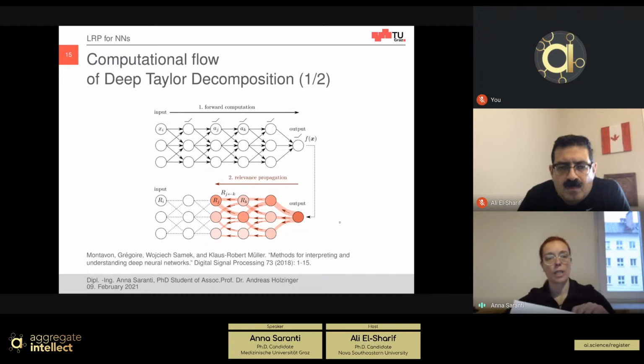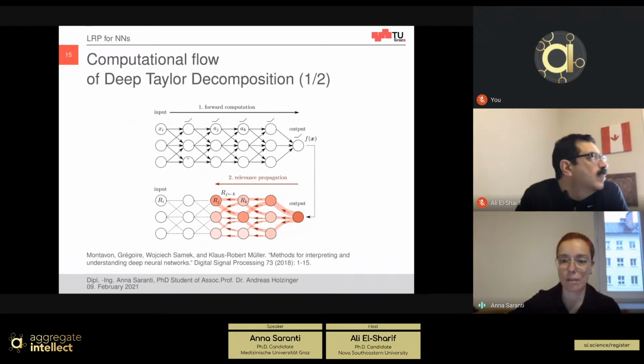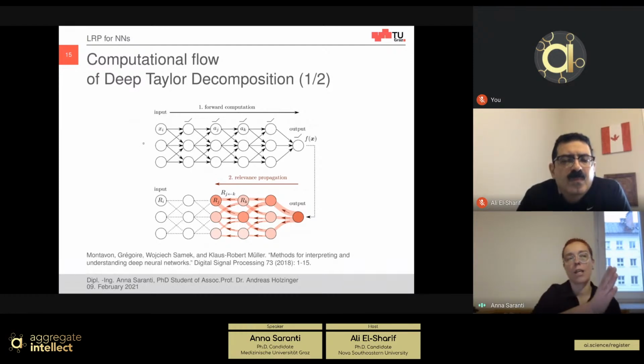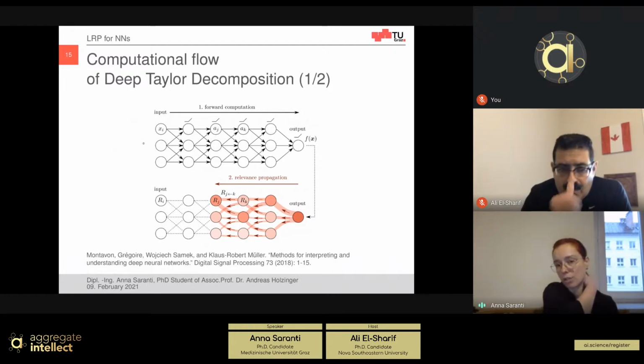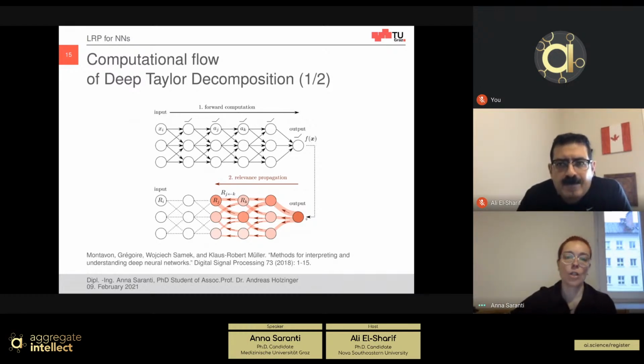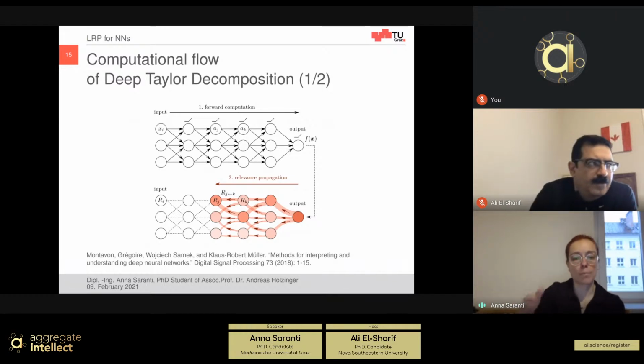So we assume, again, that we have a fully connected neural network: input, some hidden layers, and one output. Here, it's trained. We can then pass a new input from our test set, compute the output, and from the output, we let the relevance flow back, being backpropagated from the upper layers to the lower layers.